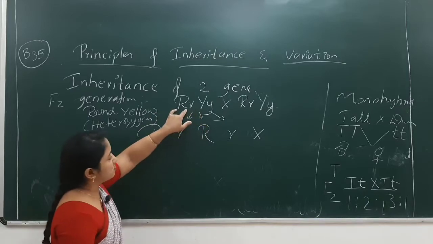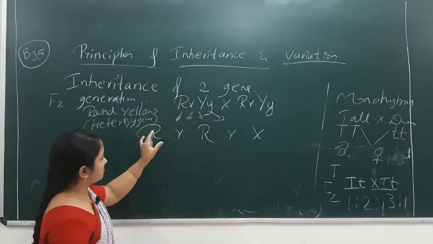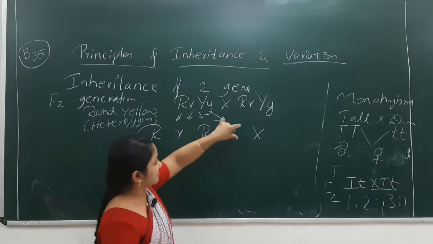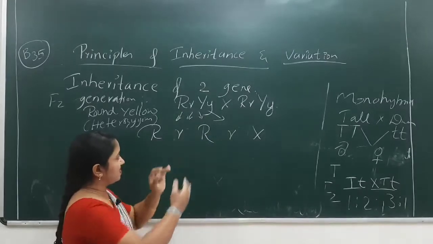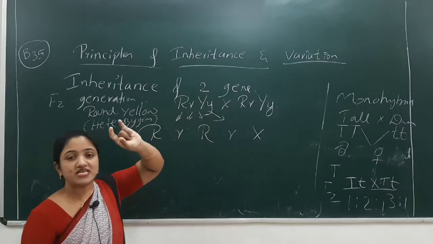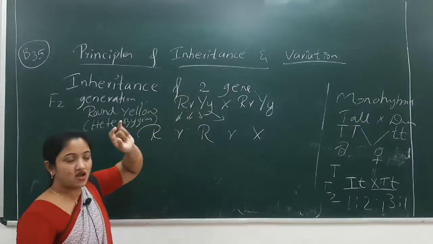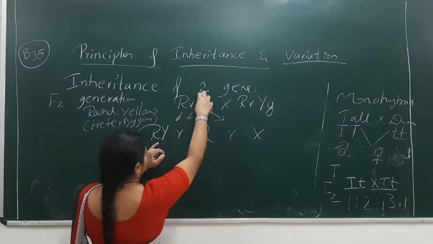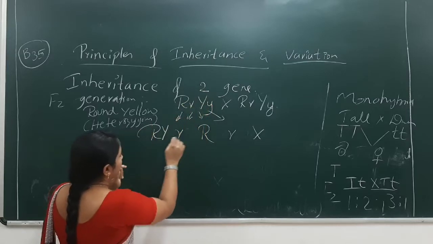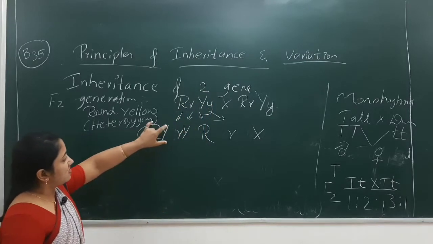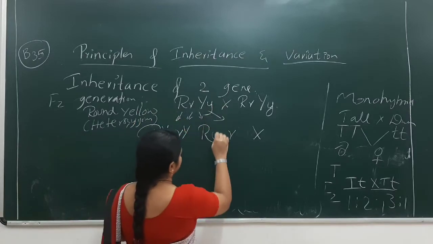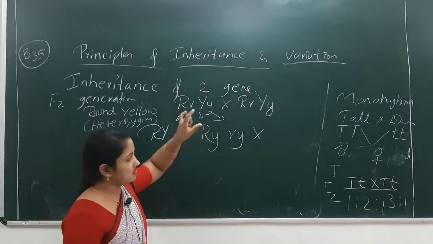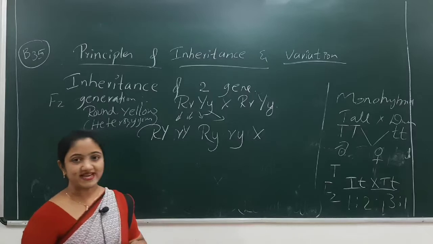Now, we wrote only one character here. 50% of the gametes take the dominant gene and 50% take the recessive gene. Along with this, the other character should also segregate. How will it segregate? Concentrate here, the capital Y or dominant gene goes to 50% of the gametes, and the recessive gene gets split into the other 50% of the gametes.